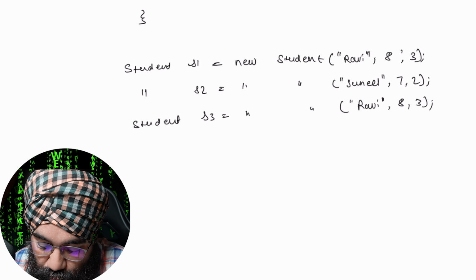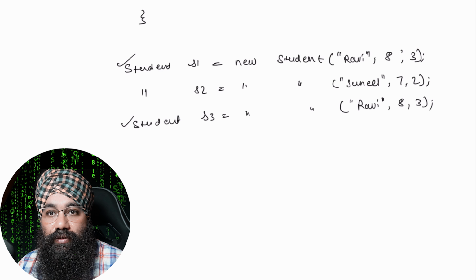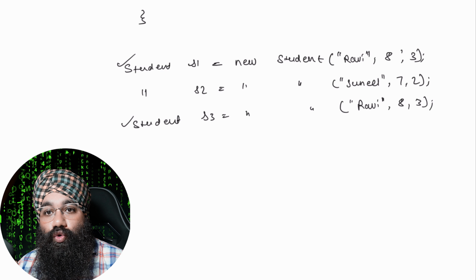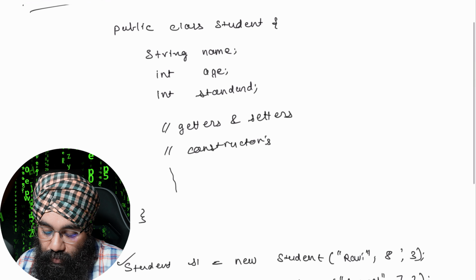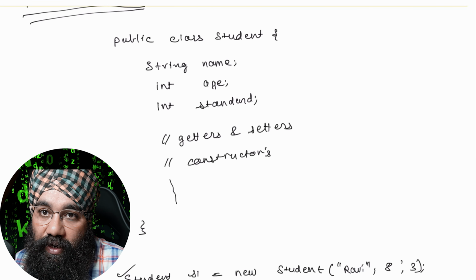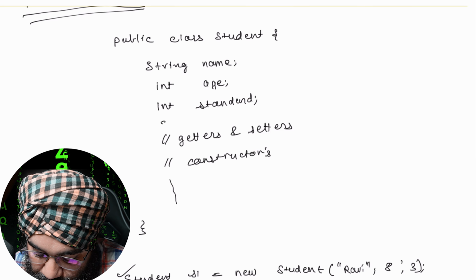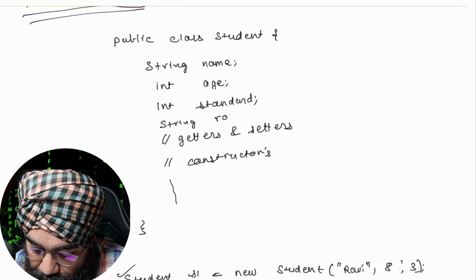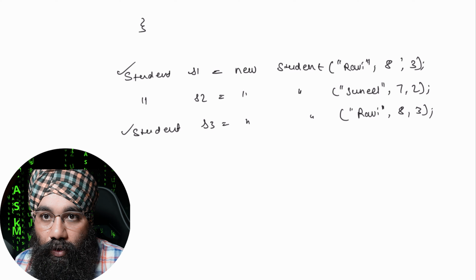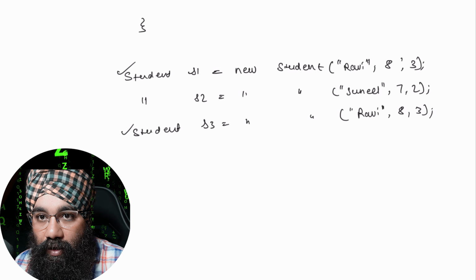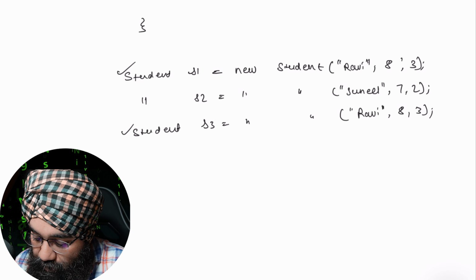So this means that we should have something in our Student class which would be able to uniquely identify a student. So we modify our Student class and add one more very important property, which is the string roll number. Now when creating a Student object, we also need to define a roll number for each student.